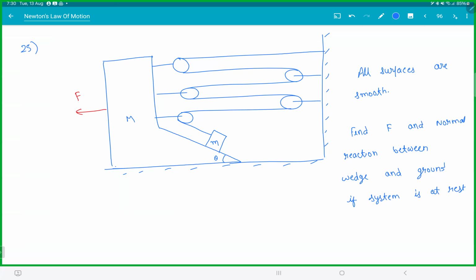What about the normal on the ground? Let's see.